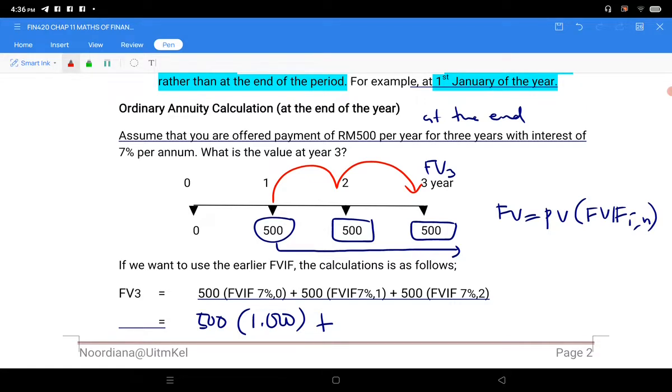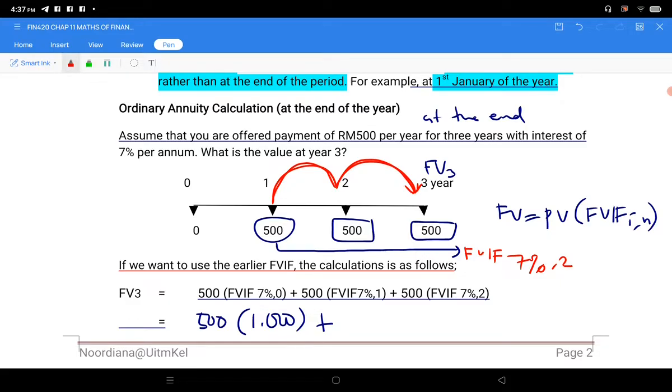So sebenarnya kat sini nilai dia adalah FVIF 7% 2 years, 2 tahun. Okay. Sebab you are calculating this single payment untuk sampai ke tahun ketiga kan. So 500 tu sebenarnya adalah darab dengan FVIF 7% 2. Kenapa 2? 1, 2. Kat sini. Right? Untuk kita pergi kepada pengiraan future value pada tahun ketiga.